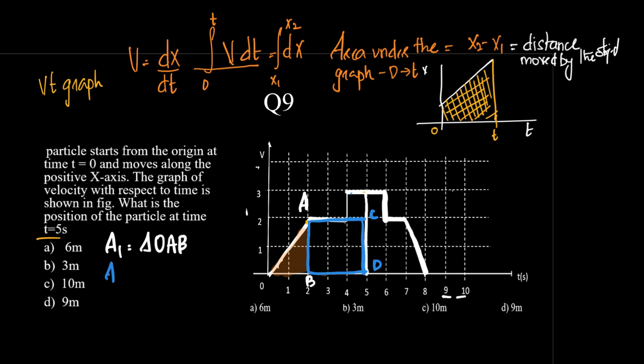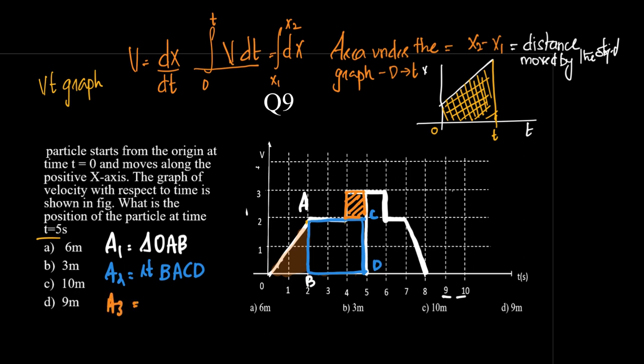Okay. So A2 is equal to rectangle BACD. Right? Rectangle BACD. And we have another area here, which is a very small area, which is A3.